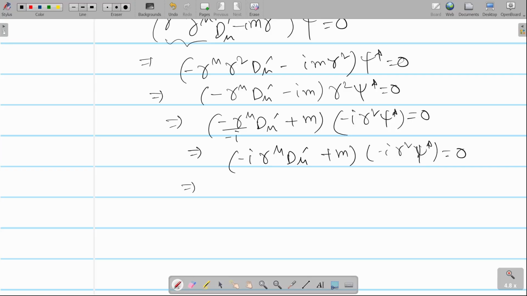And again, if you take i common from here, or okay, we could just multiply using i, and you're left with gamma mu d mu prime plus i m, i gamma 2 psi star equal to 0. That should be a minus in here. Let me check.